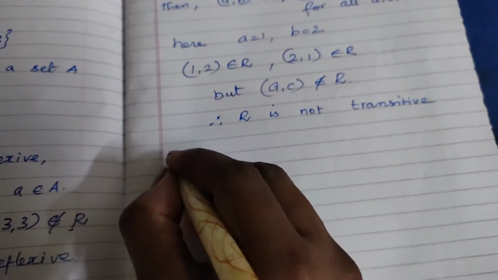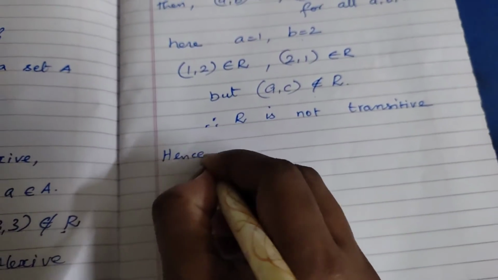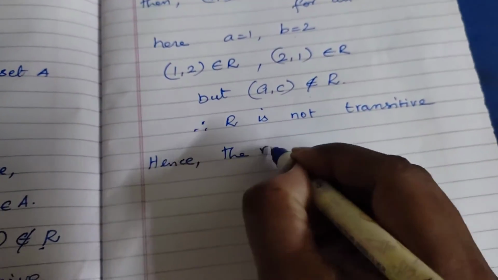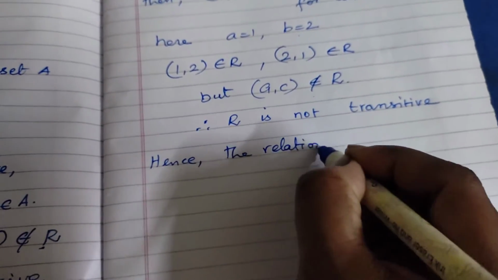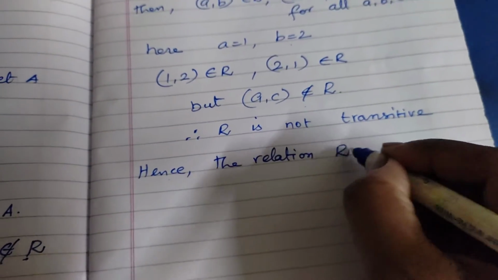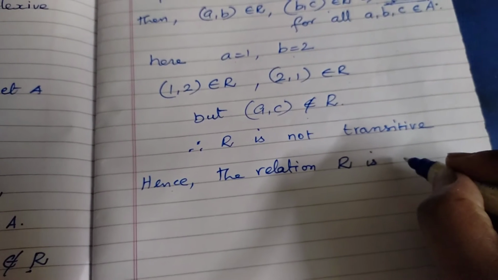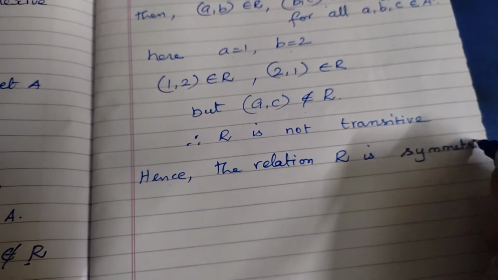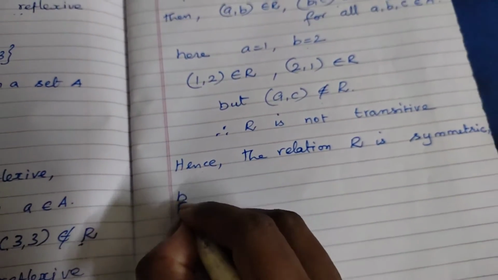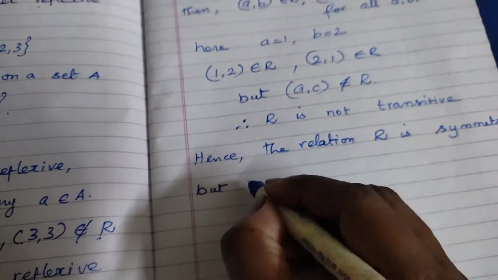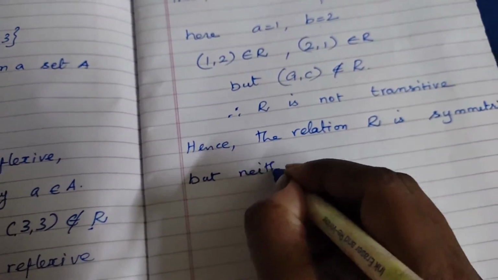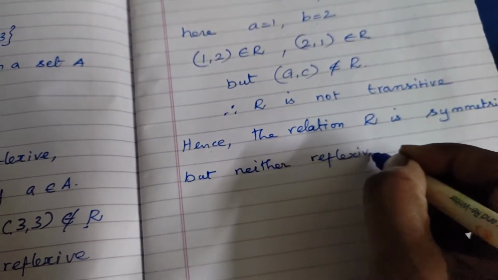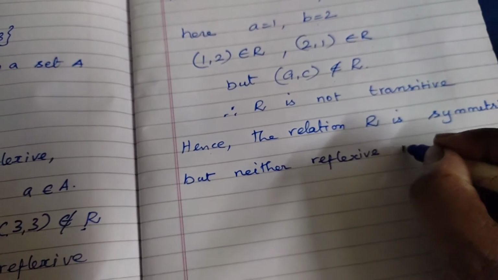Hence, the given statement: the relation R is symmetric but neither reflexive nor transitive.